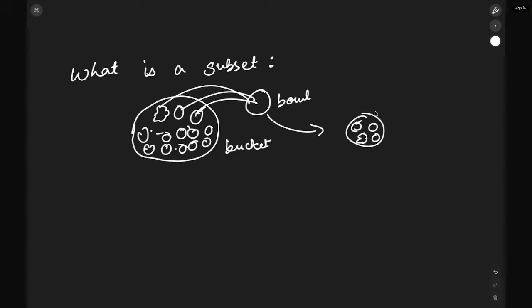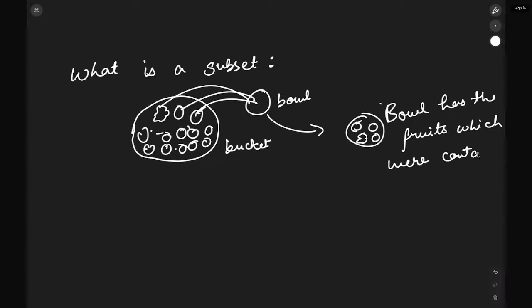So now this bowl has the fruits which were contained in the bucket. Alright, so this is the whole idea of a subset.